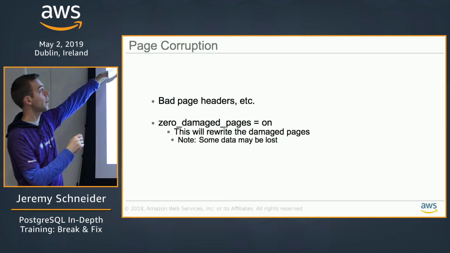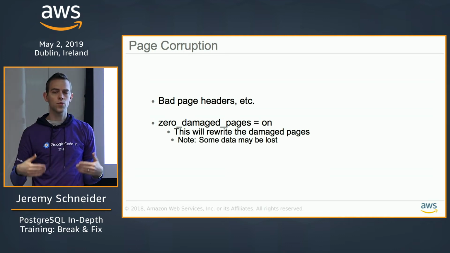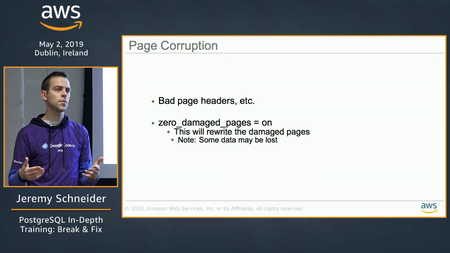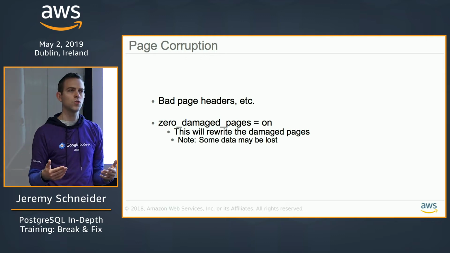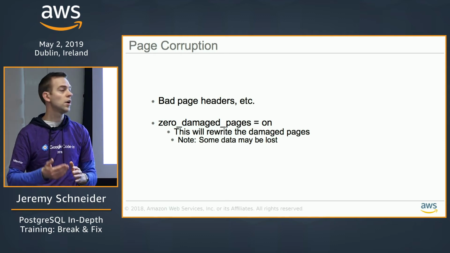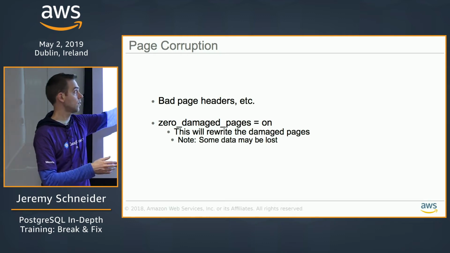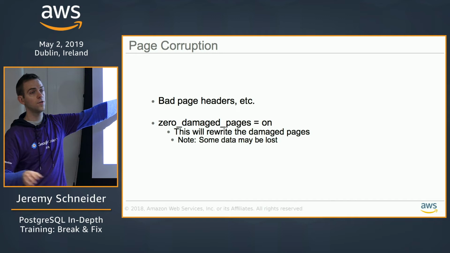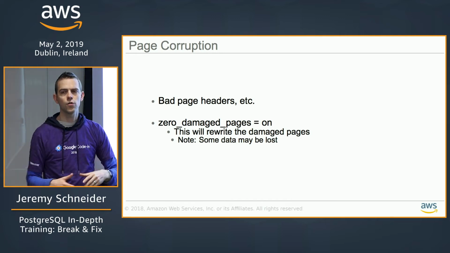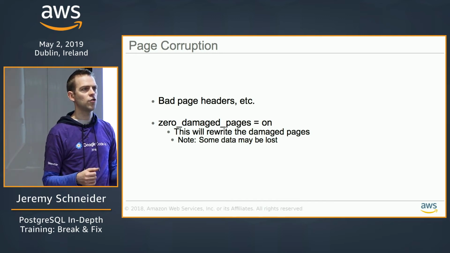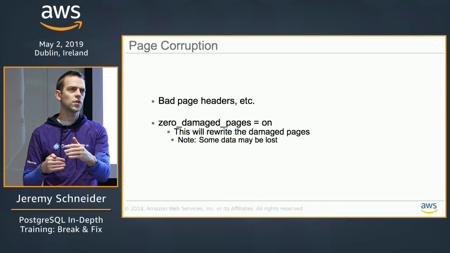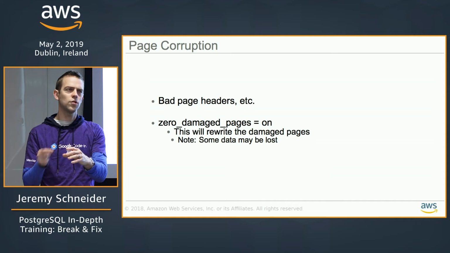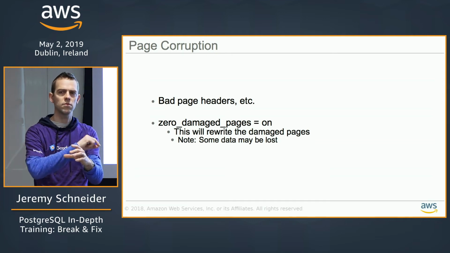Once you turn this flag on, if Postgres tries to read a page that has a checksum failure or is damaged in some other way, what Postgres can do is just zero that page out as an empty page. And this note is very important: you could lose data if you do that with a table. If you do it with an index, you're going to have to rebuild the index because you're now missing links.